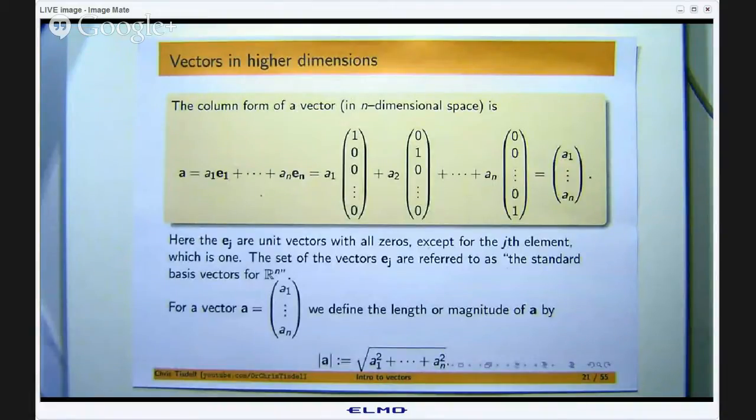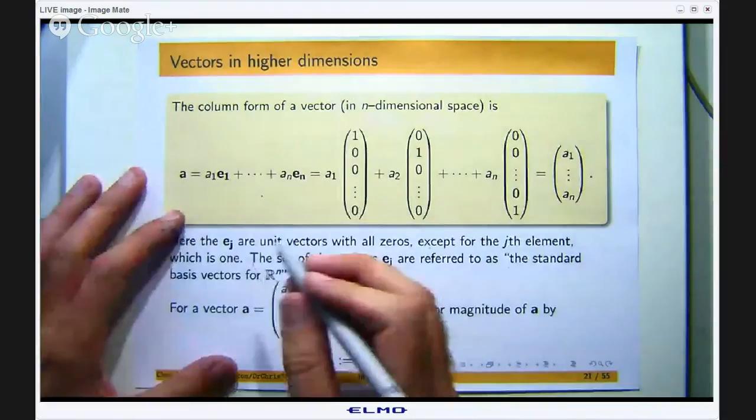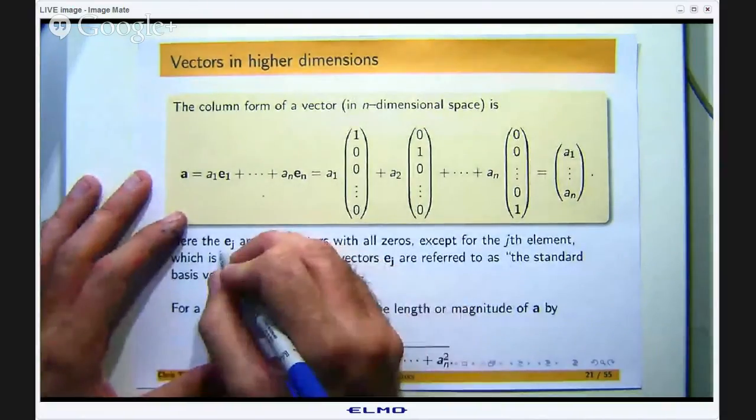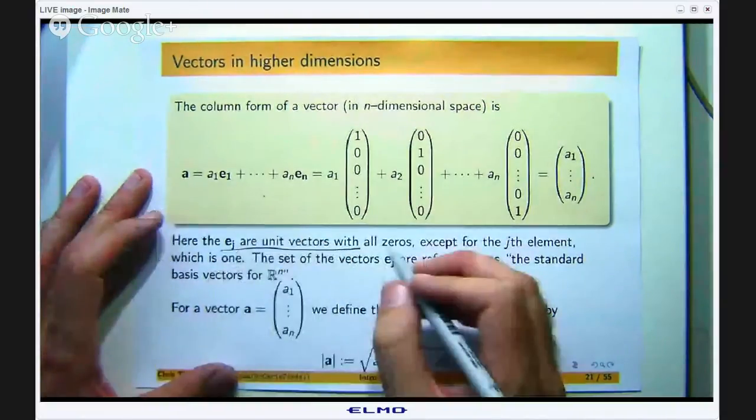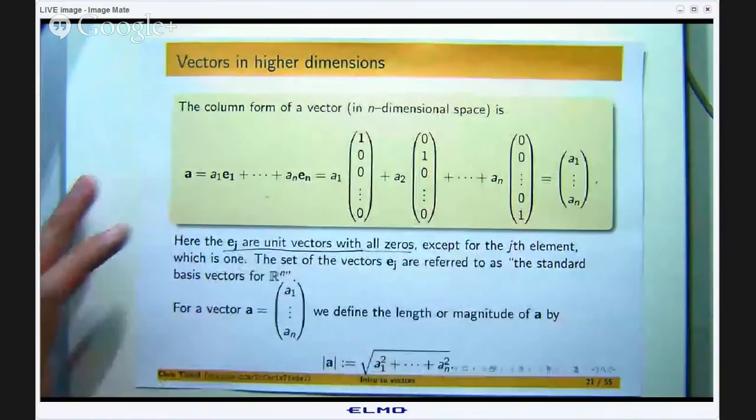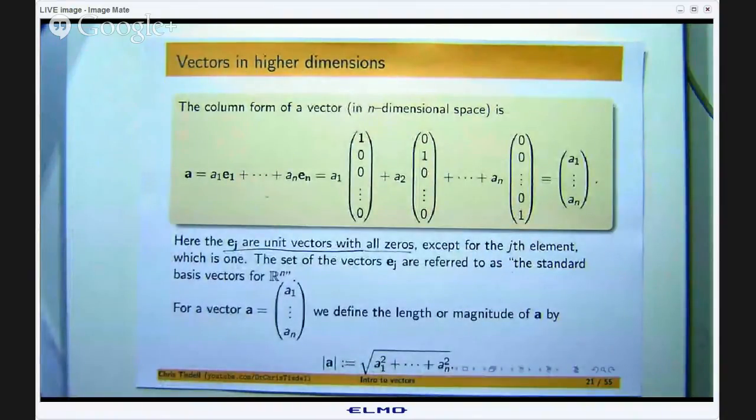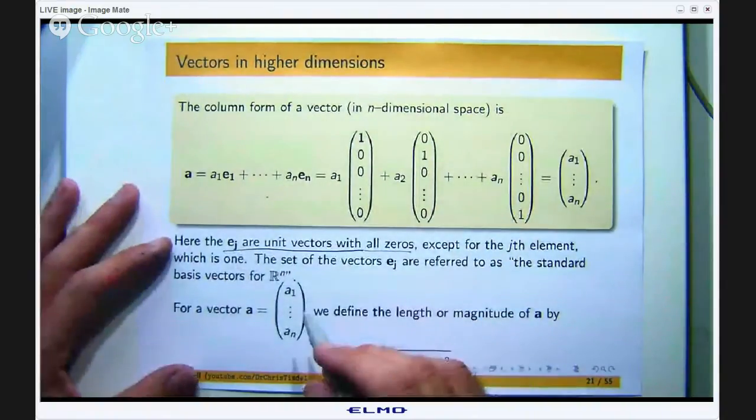Now you can talk about your basis vectors or the unit vectors that are all perpendicular to each other, and they all have length 1.